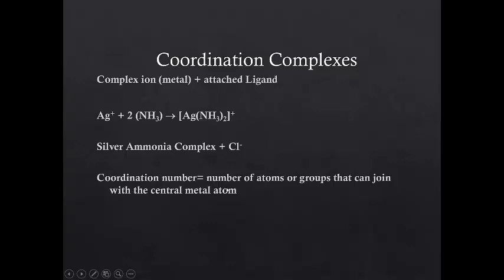Coordination number is the number of atoms or groups that can join with the central metal atom. So in this case, we have a silver ion, and it needs two ammonium ions to actually complex. So our coordination number in this case would be 2, wouldn't it? 2 right here.